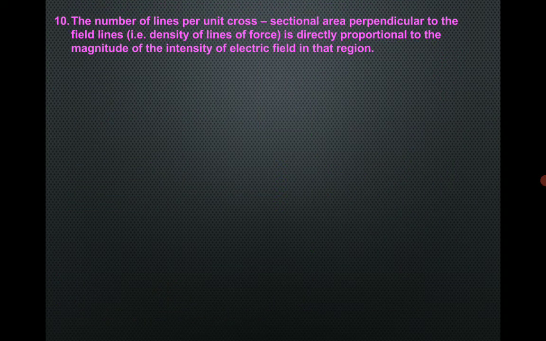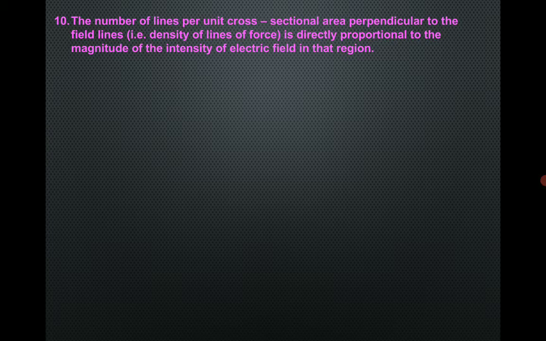Next, 10th property, the number of lines per unit cross-sectional area perpendicular to the field lines, or density of lines of force or density of electric field lines, is directly proportional to the magnitude of intensity of electric field in that region. As much strong electric field intensity, that much dense electric field lines.